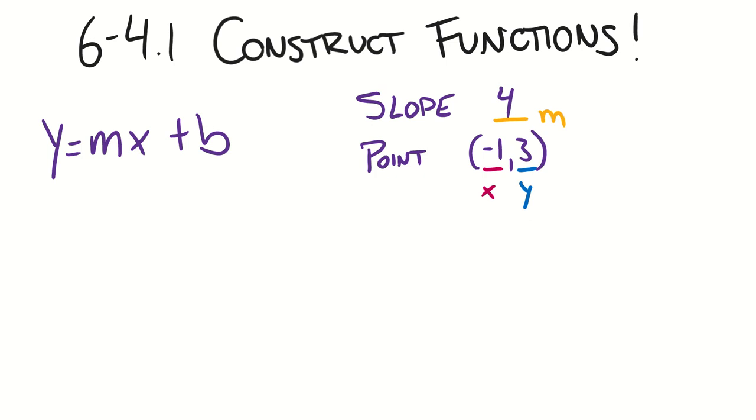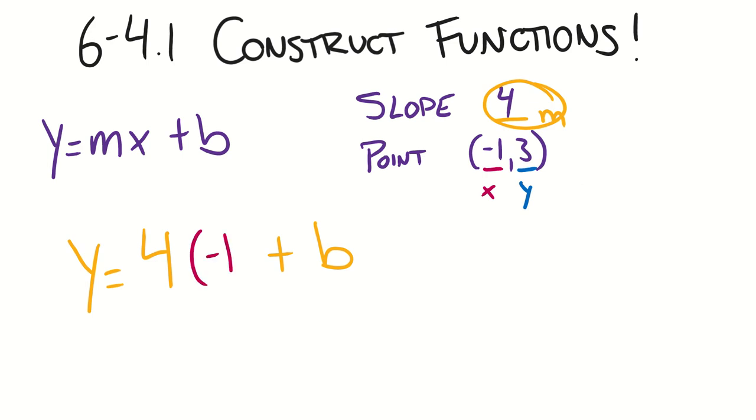So instead of saying y equals m times x plus b, we can say, okay, well, I know m is 4, because it's right here. I know that x is -1, because it's right here. And I know that y is 3, because it tells me right here.